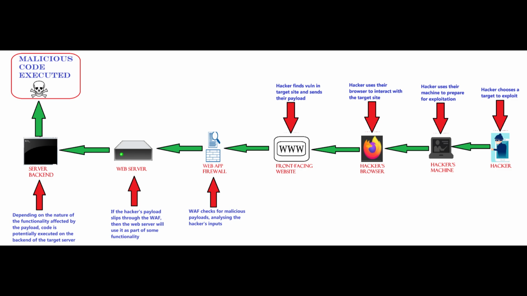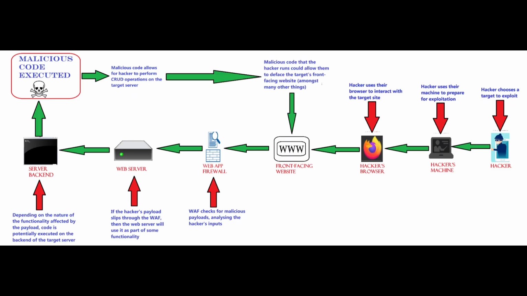They could run a command to create, update, read, or delete files on the target server, or they could do something such as spawn a shell as a means of maintaining access persistently. They could use their ability to inject system commands in order to modify the website that is hosted on the target server, allowing them to hack it and replace it with a defaced page.